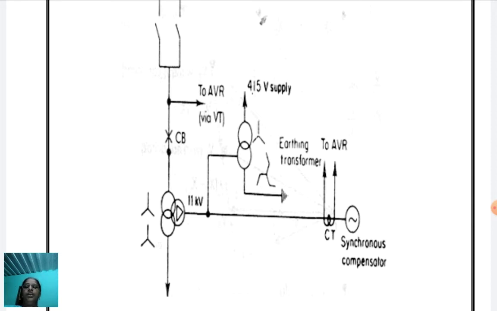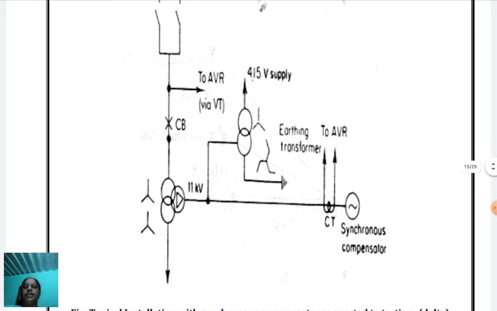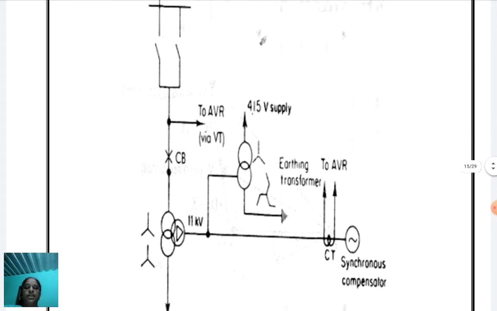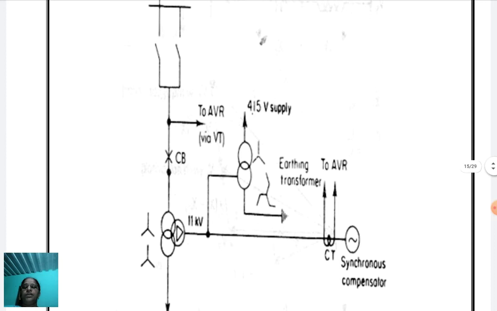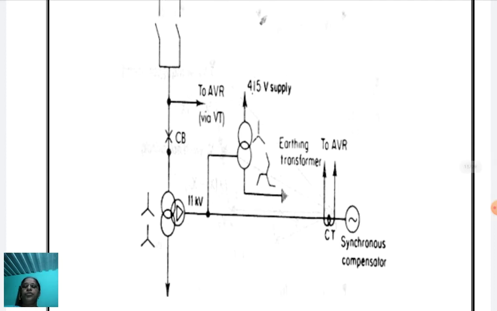Then AVR, the automatic voltage regulator, we are using. So here we are connecting the synchronous compensator. The 275 kV comes in and is stepped down to 11 kV. Then here the earthing transformer voltage is 415 volt only. Then you can go to the current transformer.